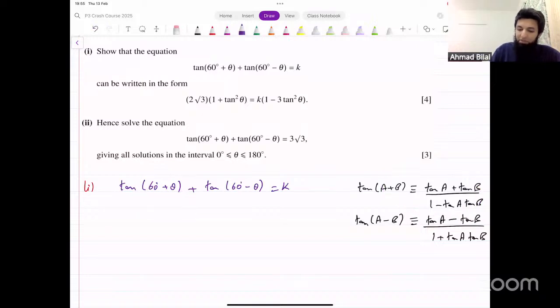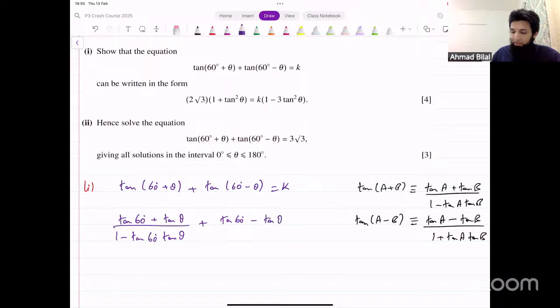So it becomes (tan 60 plus tan theta) divided by (1 minus tan 60 times tan theta). And similarly, we expand the other one as well. This becomes (tan 60 minus tan theta) divided by (1 plus tan 60 times tan theta). On the other side, we have k.